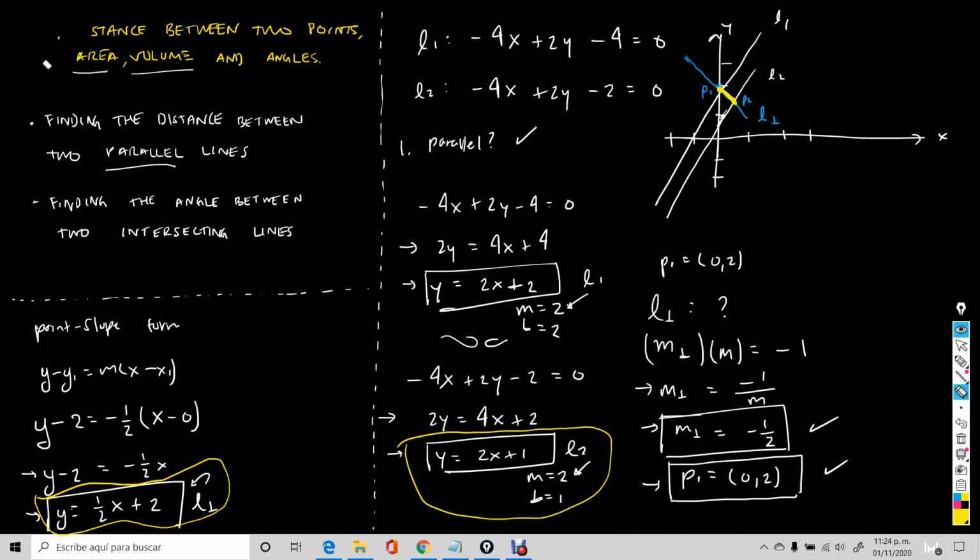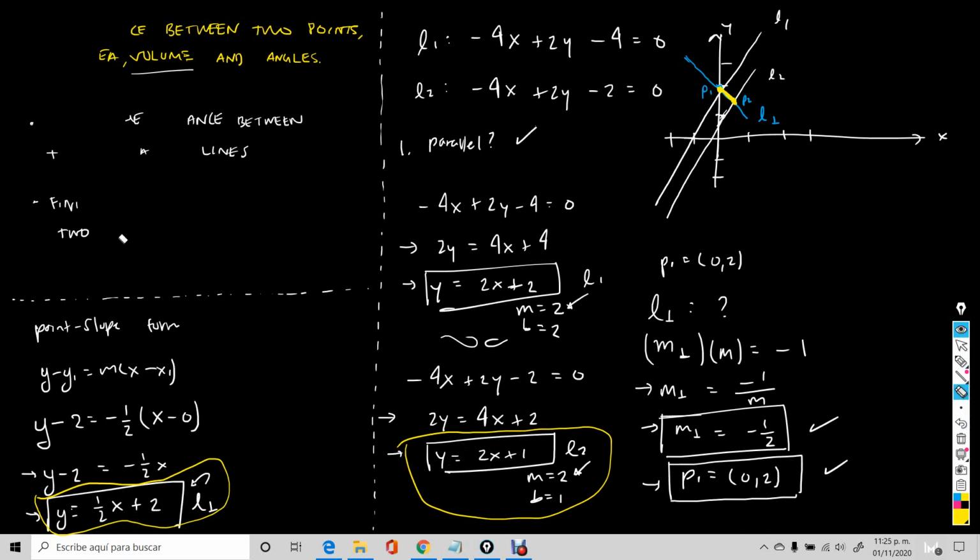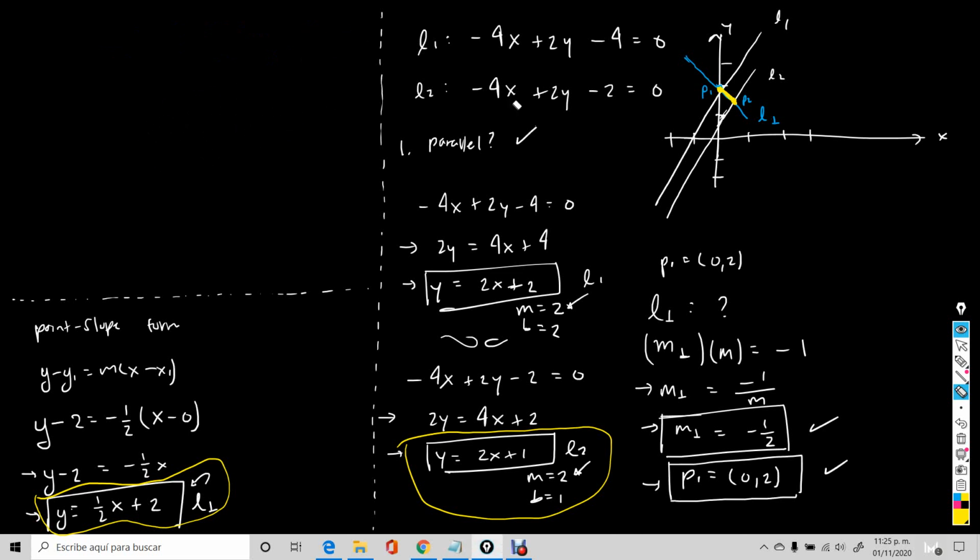Let me erase this thing here. It's just a simple system of two equations with two variables. We solve it, and we are completely done. By solving it, we can find that point 2. So you need to solve this system.